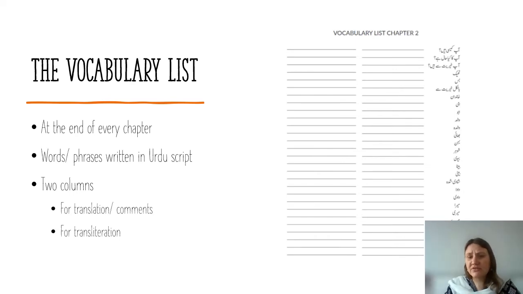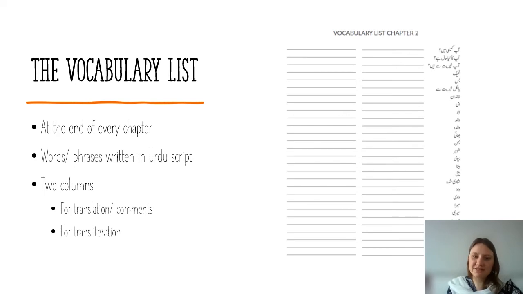The reason why we have just written the words in the Urdu script is because we want to help you have a good Urdu pronunciation from the start. If you read appendix number 1, I will explain in more detail about the use of Roman Urdu and transliteration. One of the challenges we find in Urdu is that there is no standard Roman Urdu. Pakistanis and native Urdu speakers all write Roman Urdu in different ways.